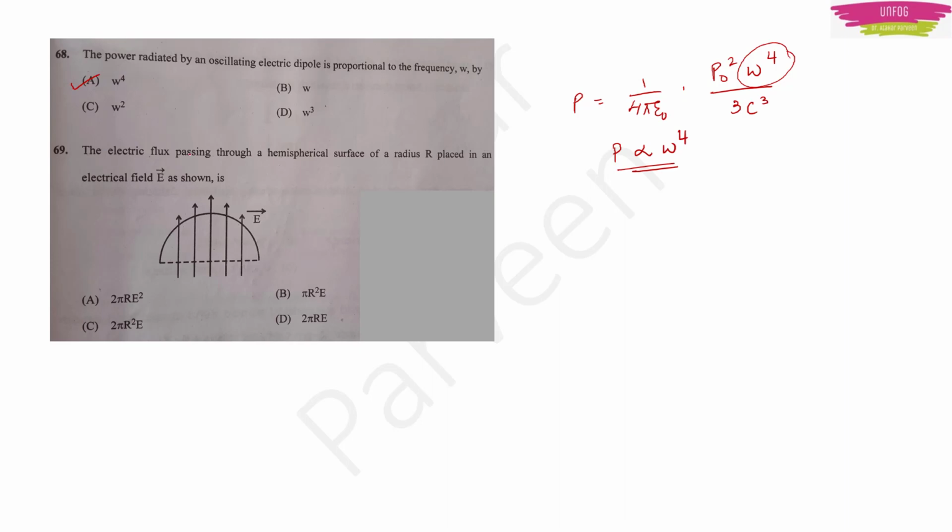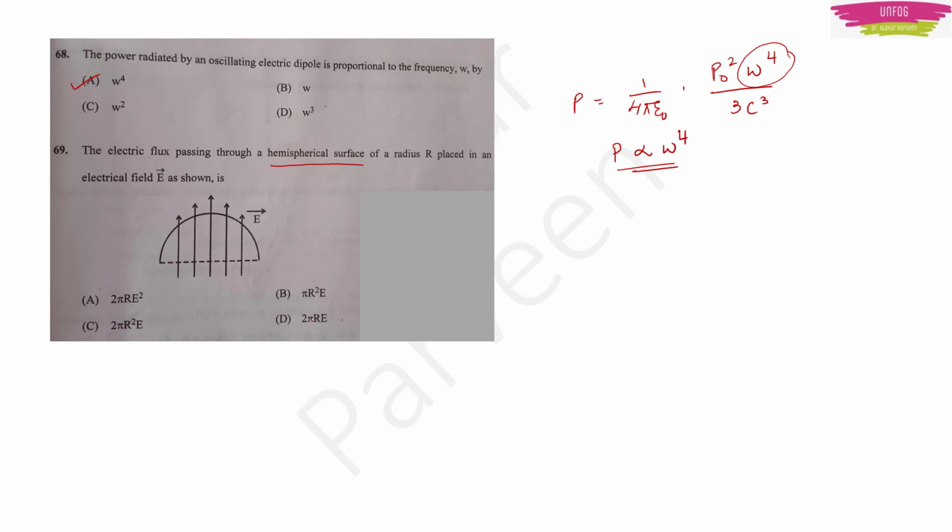Next question is the electric flux passing through a hemispherical surface of a radius r placed in an electric field E as shown is. 4 options are given. See, this word hemispherical surface is very confusing. They are asking electric flux passing through hemispherical surface. Anyone would get in mind that the area of hemispherical surface is this. It will be 3 pi r square. But there is no 3 in the options.